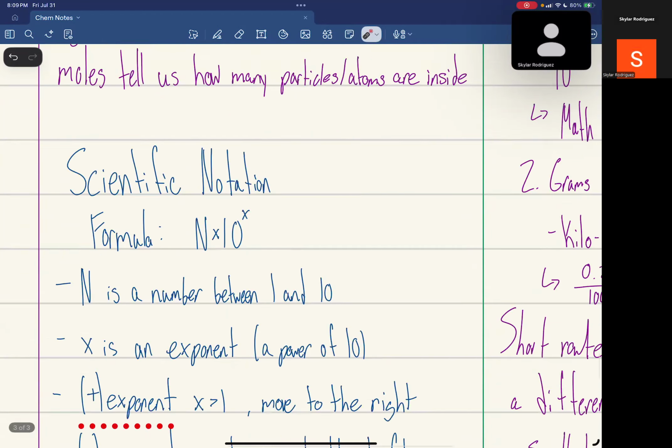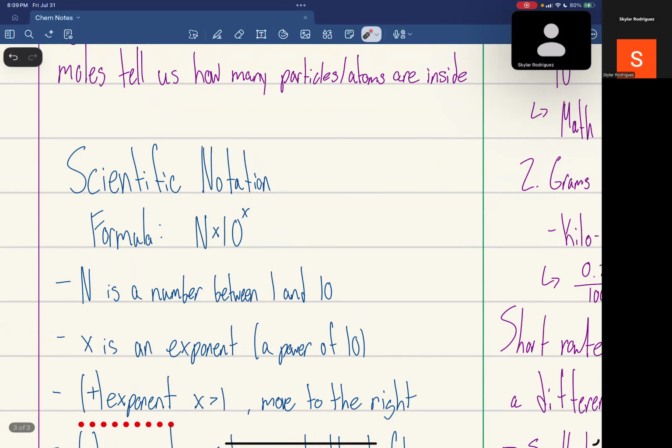Now, you probably noticed that Avogadro's number, the 6.022 times 10 to the 23rd power, looked a little different. That is because it is written in scientific notation, which is an essential tool to describe extremely large and small quantities, like septillions of atoms or the tiny mass of an electron.